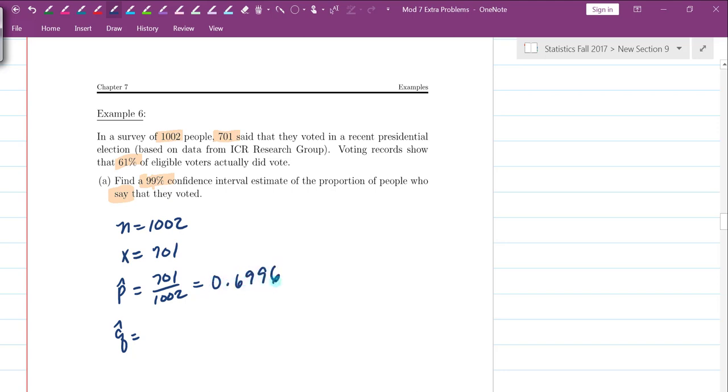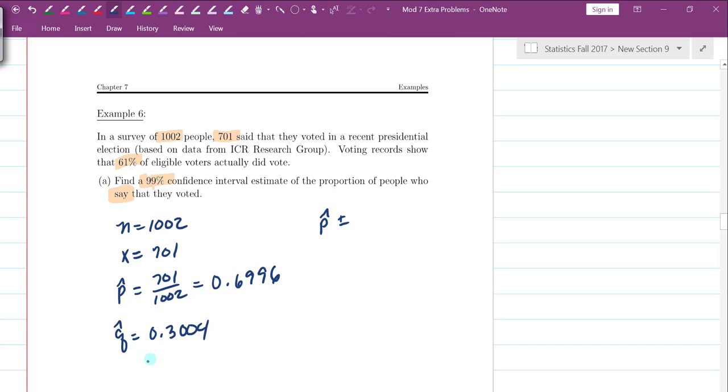So q hat is 1 minus 0.6996, and that's going to be 0.3004.